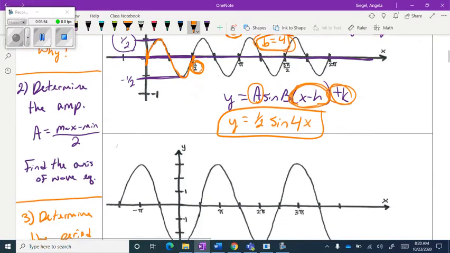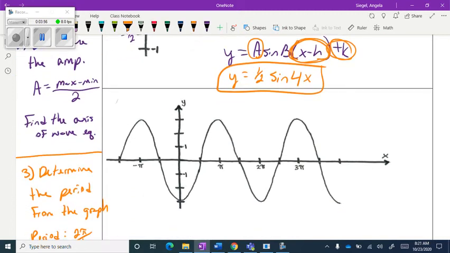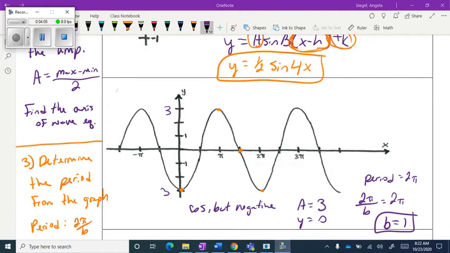Okay, go ahead and go through the same process here. So the first thing I want you to think about is what kind of function do we have? And see how far you can take this one. Okay, so this is my thought process. It's cosine. It doesn't start at 0. It starts at a negative number. So in this case, it's -3, and it's going down, up, down. So it's going in this direction.